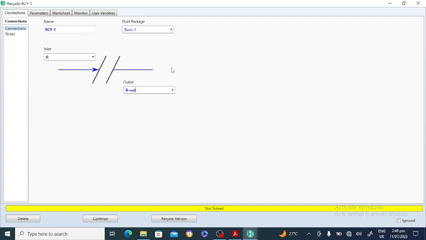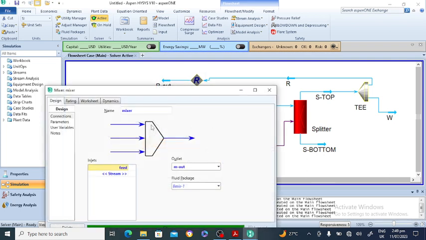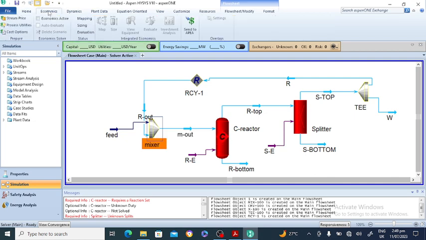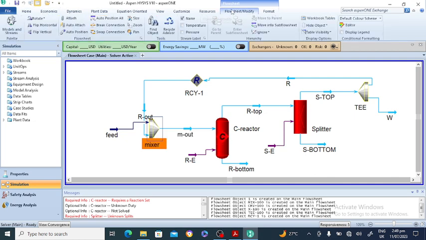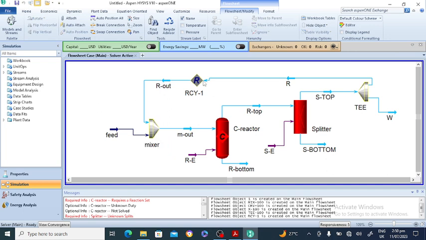This recycler out will be combined with the mixer as its second inlet. Now we will rotate this compressor: go to the flow sheet and rotate it 180, rotate it 90. Now it is the flow sheet.